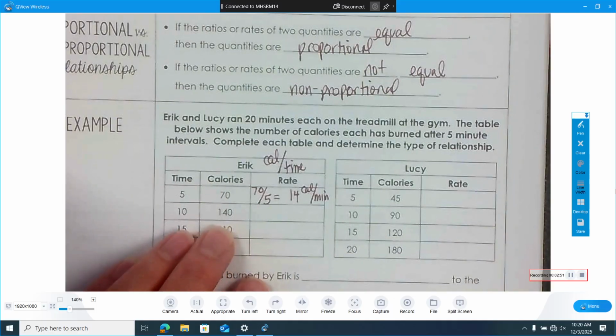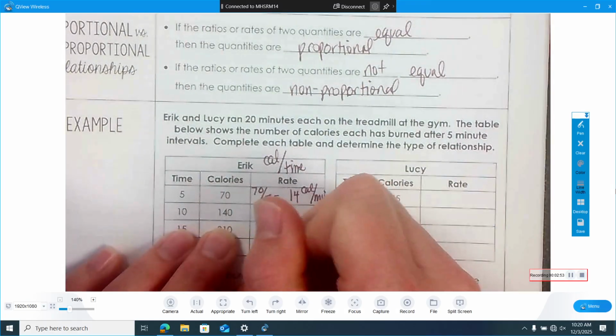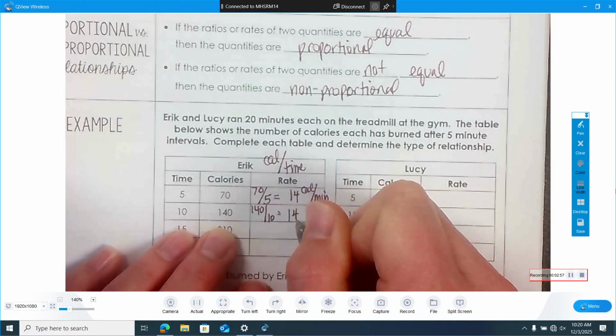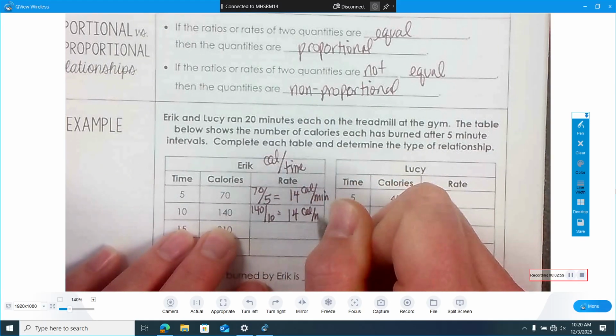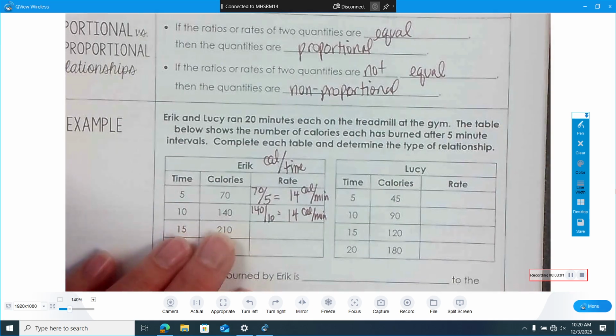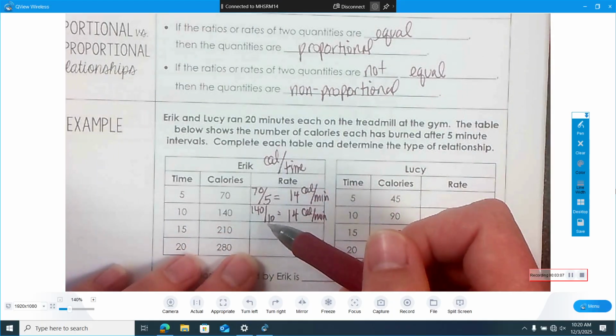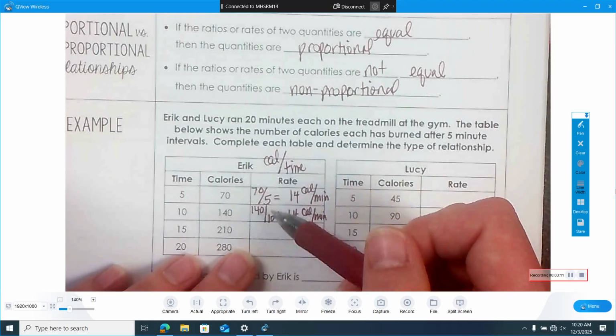And then I can do the same thing below, and we would divide 140 divided by 10, which is, again, 14 calories per minute. All right. Do I need to keep writing my fraction out? No. We've got the pattern, right? Is it important to write it once or twice in your notes? Yeah, to tell you what we're doing here.